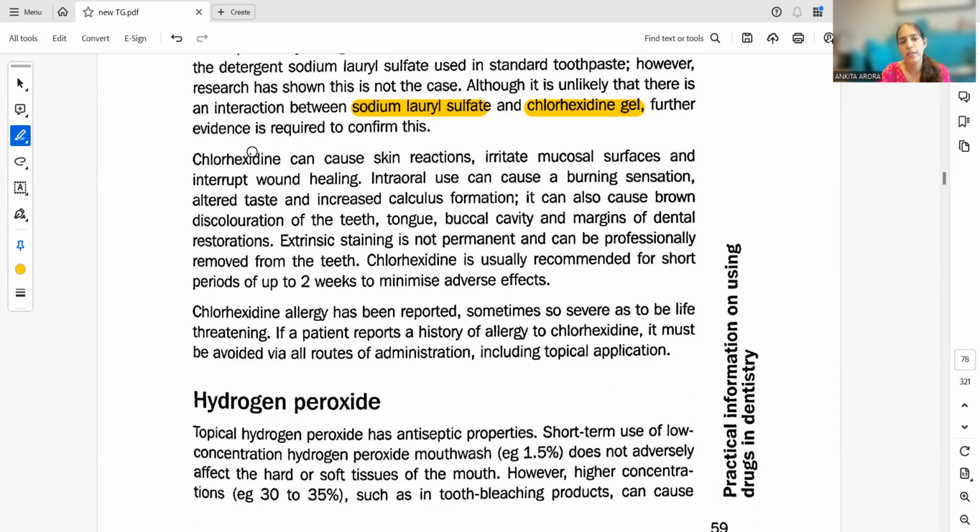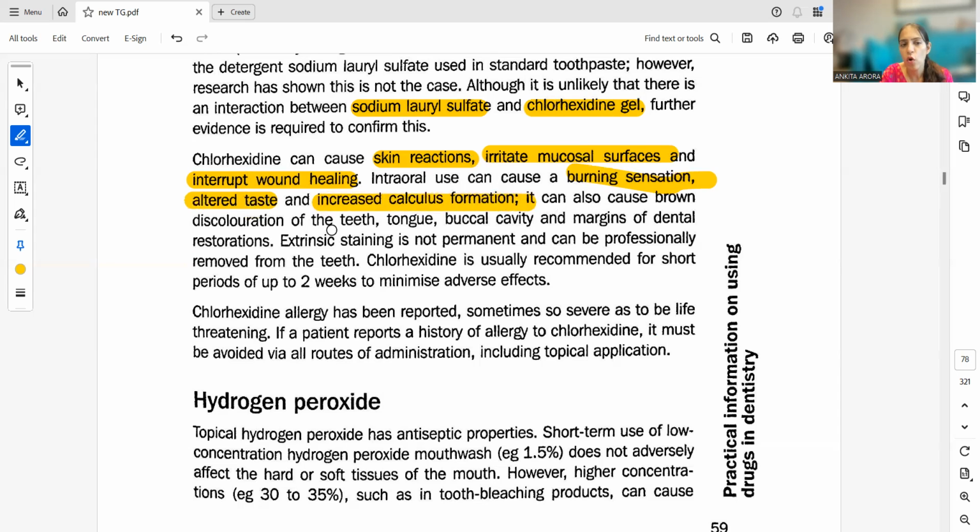Chlorhexidine can cause skin reactions. It can irritate mucosal surfaces and interrupt wound healing. So it has irritation potential on the mucosal surfaces also. Intraoral use can produce a burning sensation, altered taste, and increased calculus formation.